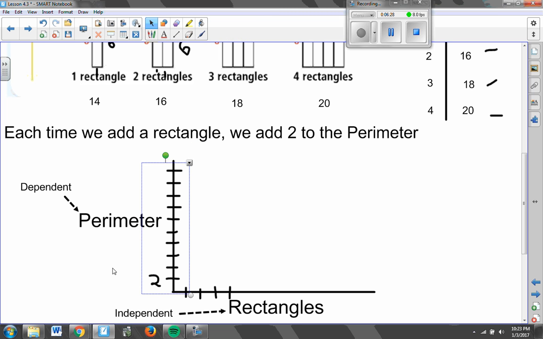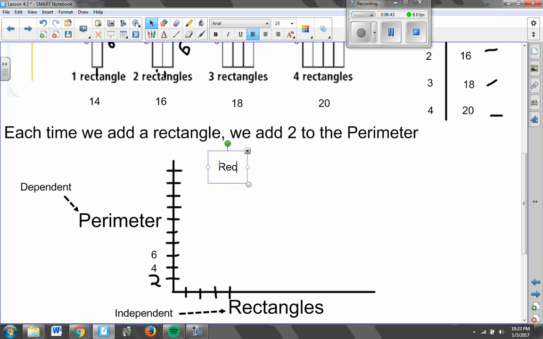I'm counting by 2s on that perimeter axis. So now that I have this graph constructed, I can go here, rectangle perimeters.